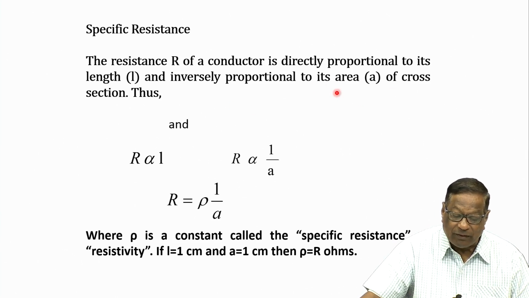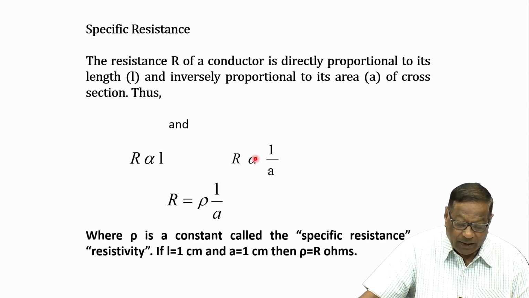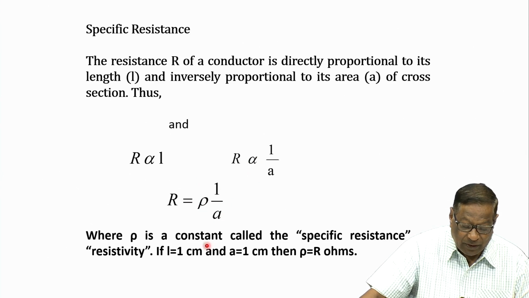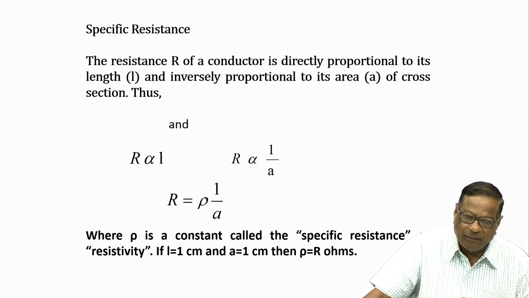So, we write R is proportional to L and R is inversely proportional to A. Removing the proportionality constant, we write R is equal to rho into L by A, where rho is a constant called specific resistance, which is characteristic of all the elements which can conduct electricity.